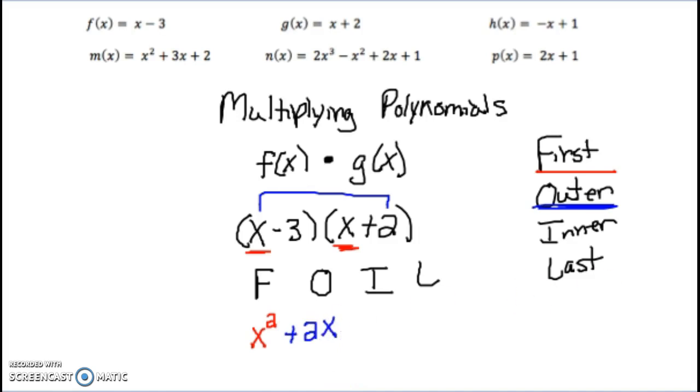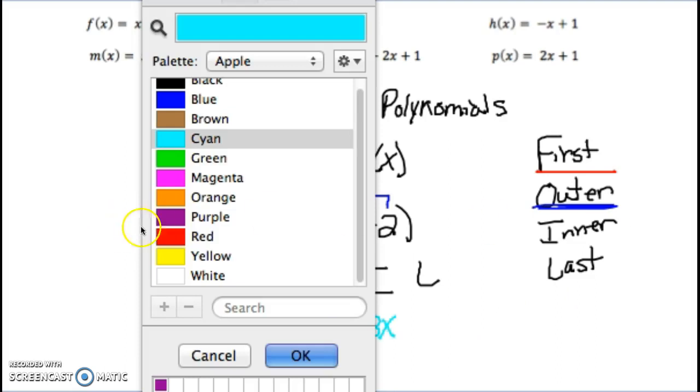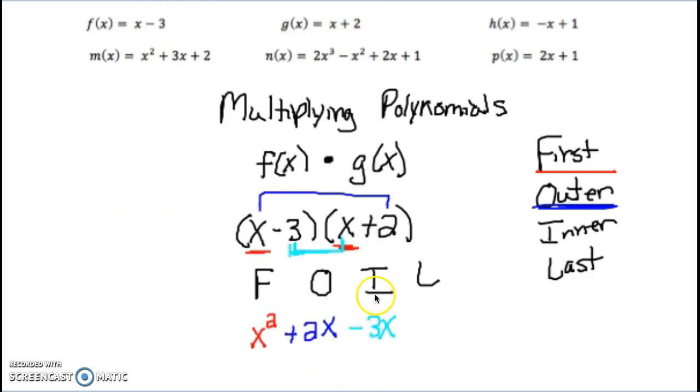My inner are going to be the negative 3 times x. So that's negative 3x. And my last are going to be negative 3 times 2. Negative 3 times 2 is negative 6.